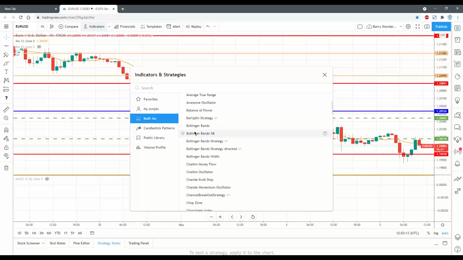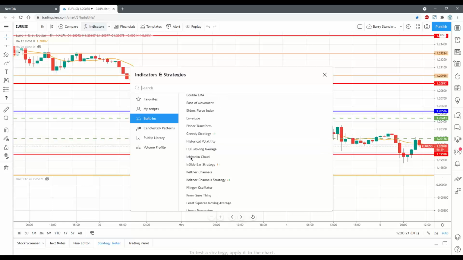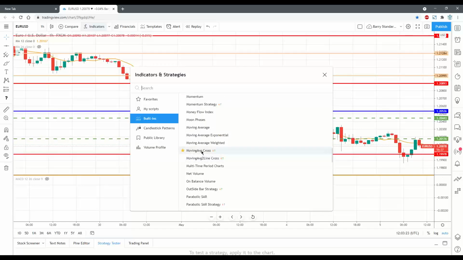Let's add in these EMAs instead of using MAs. Exponential moving average, come on. Moving average, exponential, and do it again. And we're going to get rid of just the MA.